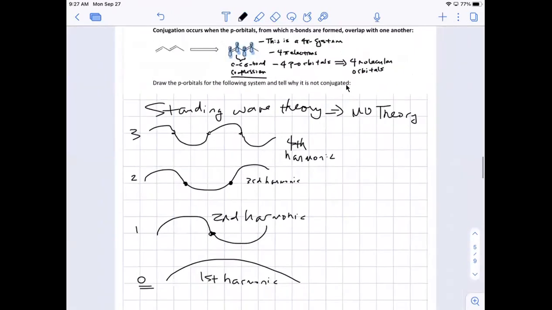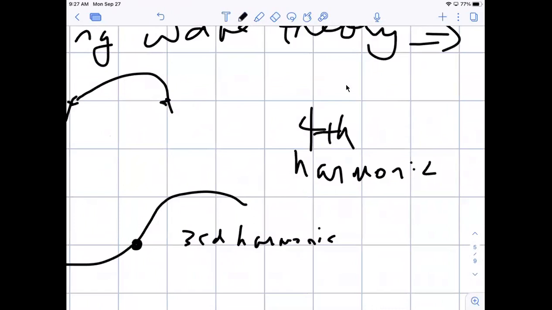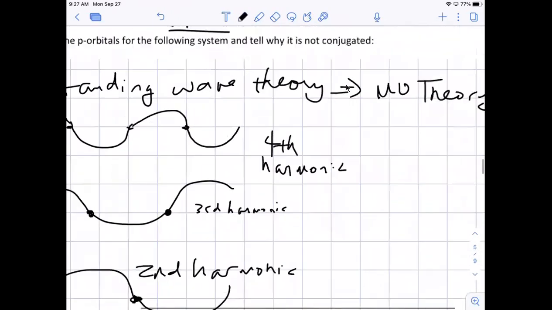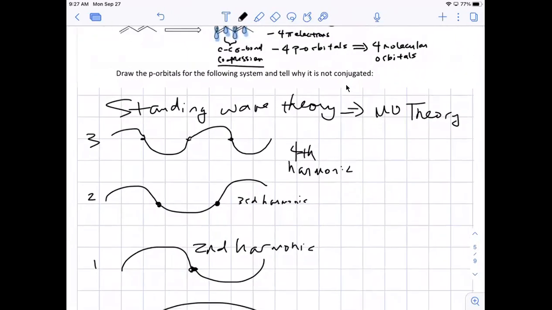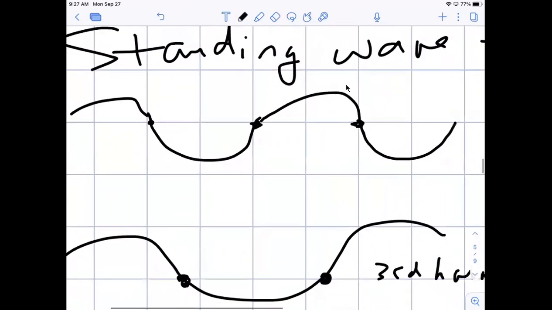The way that this applies to pi systems is if you assign the characteristics of a wave to your pi system, then every pi system is going to follow this pattern.